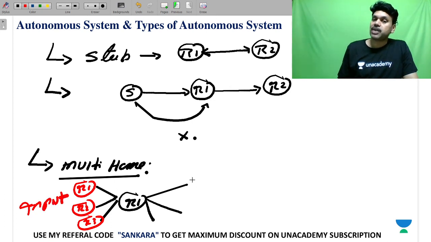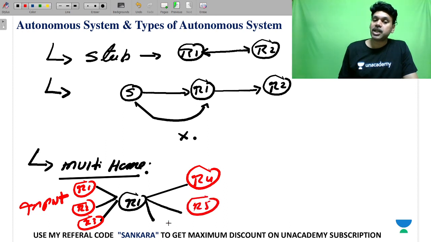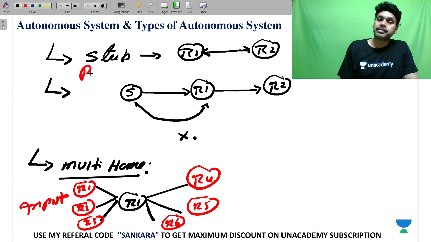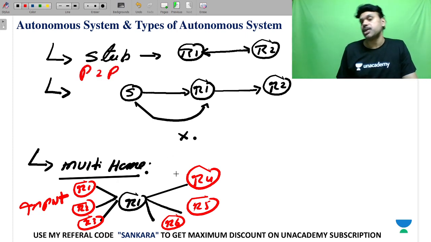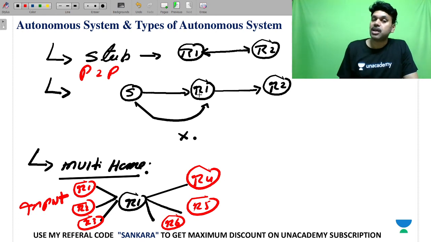It can also hand over data to any kind of multiple routers. But stub means it's point to point. Multi-home has multiple inputs and multiple outputs, but stub has only one input and only one output.